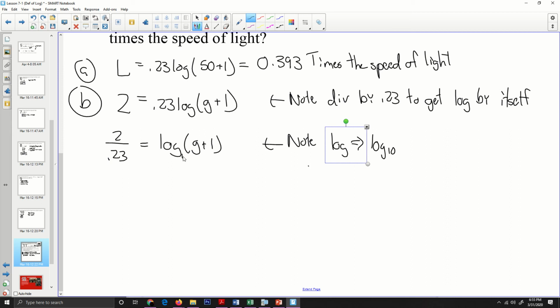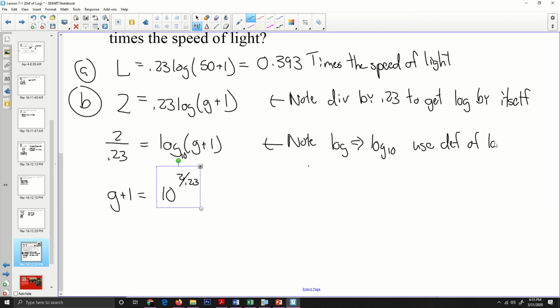So if I put a little 10 there, I can use the definition of logarithm and say that G plus 1 would equal 10 to the 2 over 0.23.